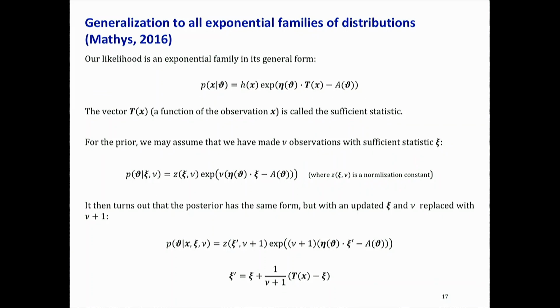Our new psi is the old psi plus 1 over nu plus 1 times the prediction error. And here the prediction error is a transformation or a simplification of the observation x, which is called the sufficient statistic here. This is the sufficient statistic function of the data. So the data are put through this map called T, and then this is our new observation in sufficient statistic space.